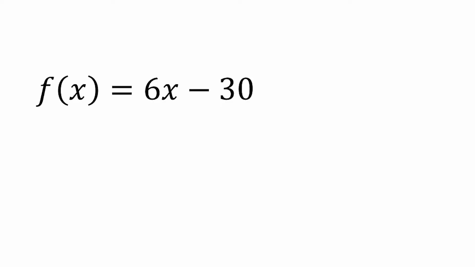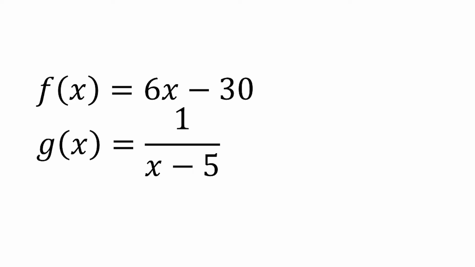So let's say one function is 6x minus 30, and the other function is 1 over x minus 5, and let's say we're finding the limit of the product of those two functions as x goes to 5.